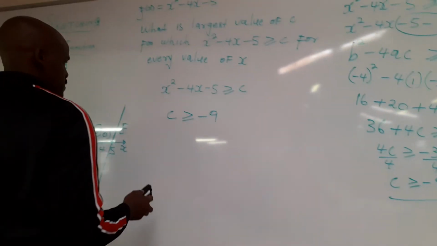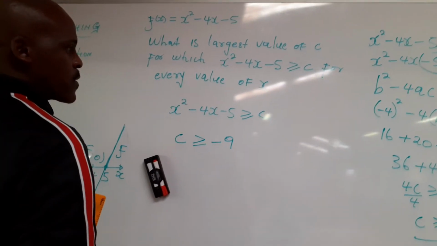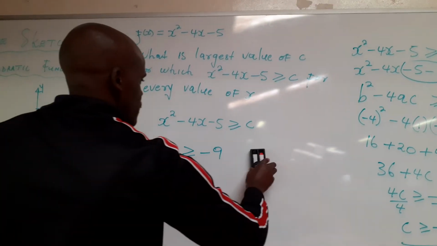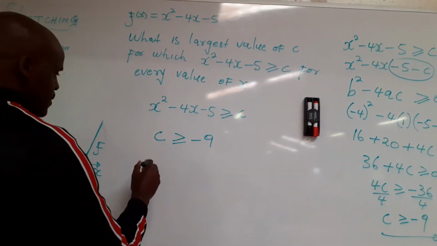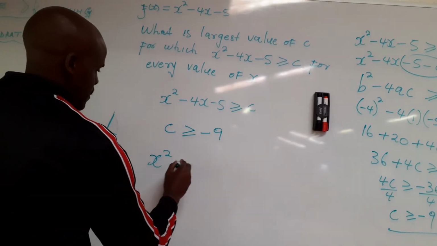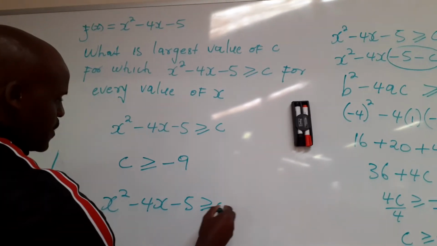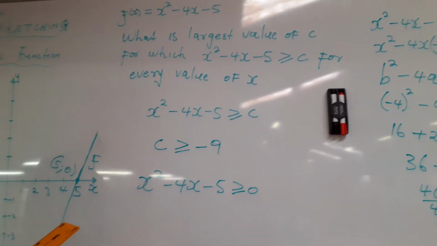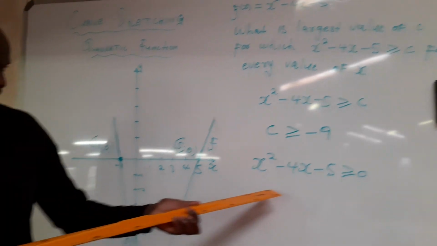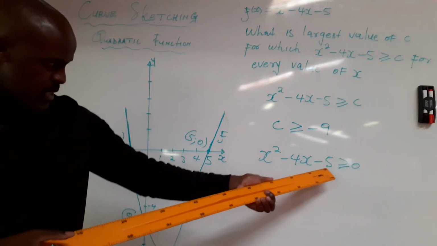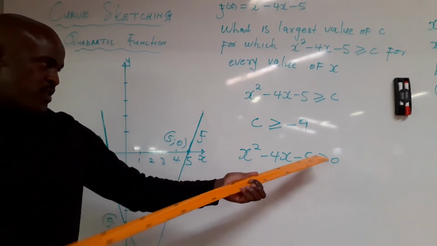Right, let's move to the next question. Use the graph to solve for x if x squared minus 4x minus 5 is greater or equal to 0. Right, now we are to find the values of x for which this is greater or equal to 0.